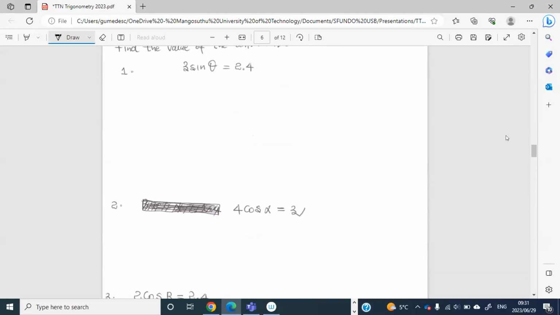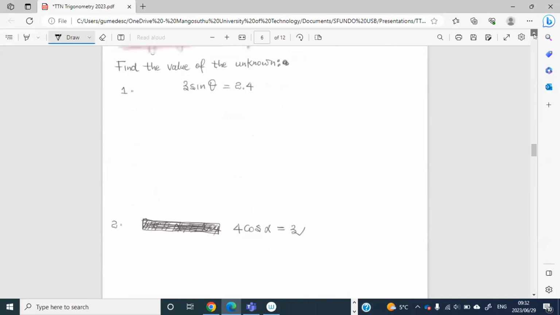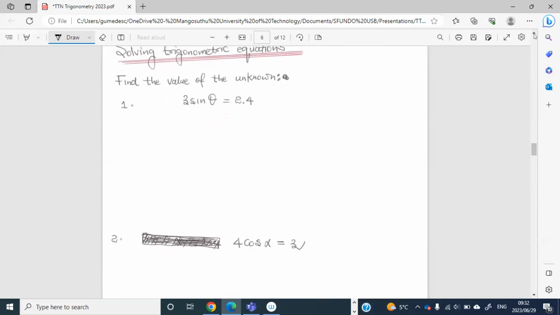for sine theta. So the first thing that we want to deal with is to try and get rid of this. So to get rid of it, it means we divide by 3, both sides, right? It is the first thing that we'll do. We divide by 3, both sides.